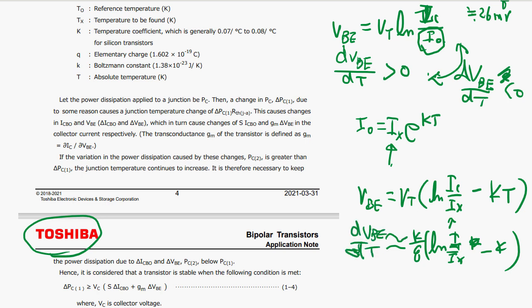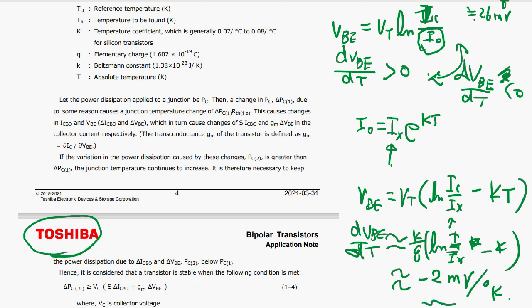What happened is that this is an approximate derivative. You have to take the derivative on both sides and clean up the equation, but this becomes somewhere around minus 2 millivolts per degree.